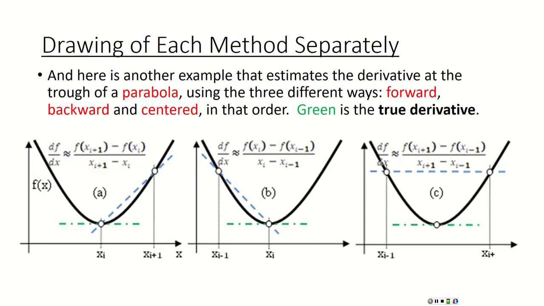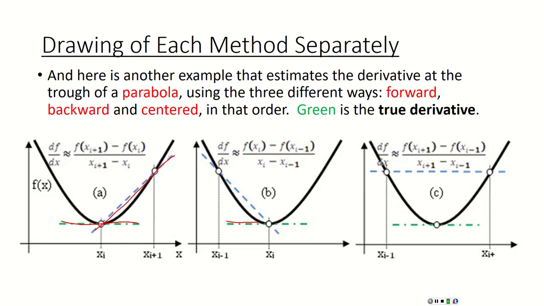This slide is trying to estimate the derivative of a different function. In this case it's a parabola, and instead of drawing them all on the same graph, it draws each one on a separate graph, but basically it's showing you the same idea. So here the green is the true derivative, and then your estimate is the forward derivative.